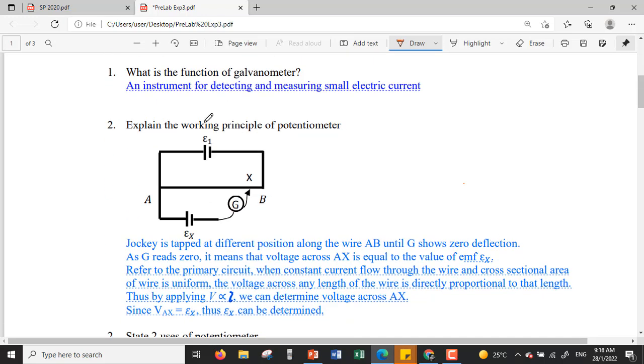Question 2, explain the working principle of a potentiometer. In this experiment, we are going to use a potentiometer, so we have to understand its working principle. Basically, a potentiometer consists of a primary circuit and a secondary circuit.